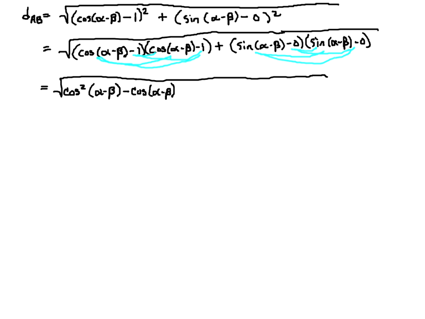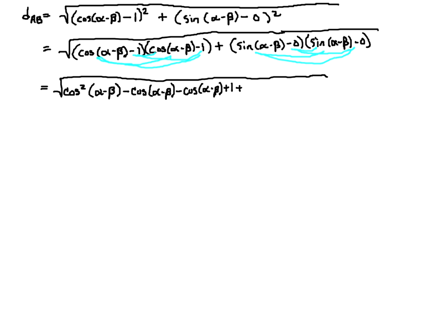Negative 1 times cosine alpha minus beta is negative cosine alpha minus beta. And negative 1 times negative 1 is positive 1. The next one's nice because we got some zeros to multiply with. So the sine of the alpha minus beta times 0 is 0. The sine of alpha minus beta times the sine of, oh, I should have done that one first. Let me back up. Sorry, I got ahead of myself.